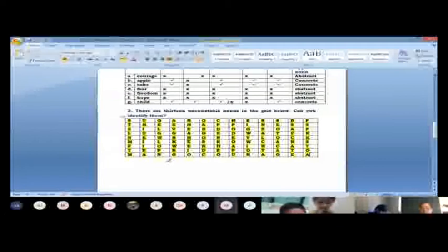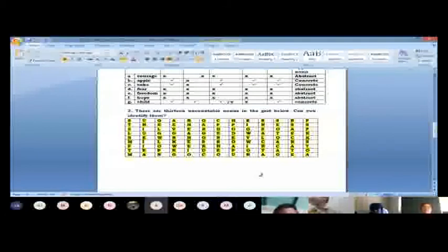Abstract nouns are there. Luggage. Courage.